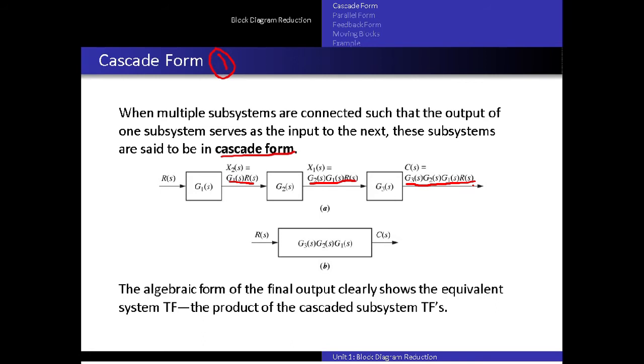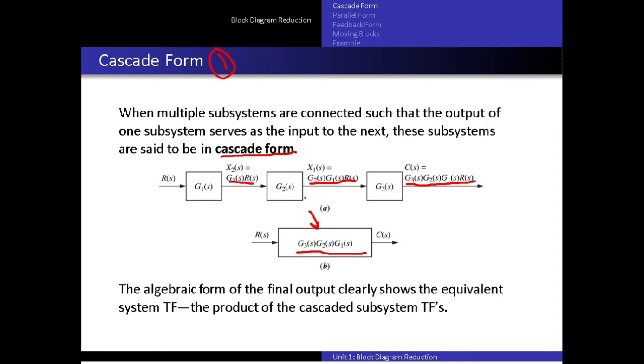Okay, in short we can say the input signal R of S and output signal C of S, whenever these three blocks are connected in cascade, can be represented as a single block by multiplying the gains of all these blocks, that is G1, G2 and G3. So the reduction will be G1 multiplied by G2 multiplied by G3.